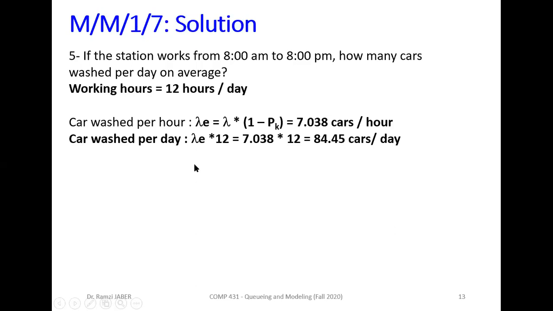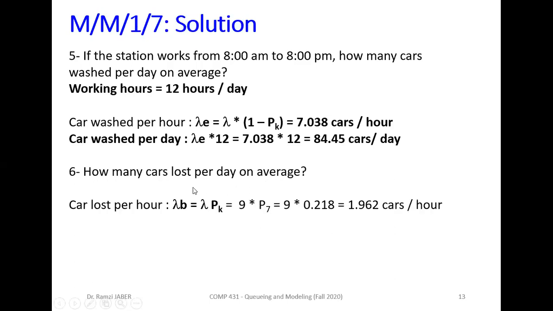Now the question will be: how many cars are lost per day on average? Cars lost per hour will be lambda B. Lambda equals lambda E plus lambda B. So lambda B equals lambda times Pk, the opposite of 1 minus Pk.